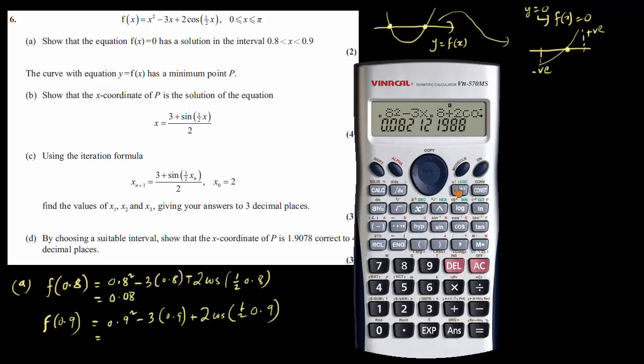So this turns out to be 0.9 squared minus 3 into 0.9 plus 2 cos 0.9 by 2 is 0.45, which is minus 0.089. So we have a positive value and a negative value. So it is more or less like this. It is cutting the x-axis.